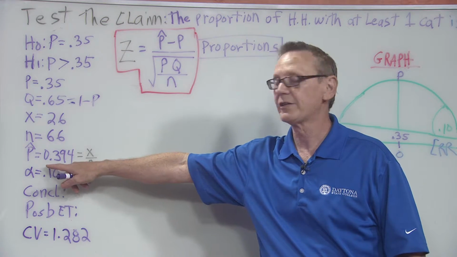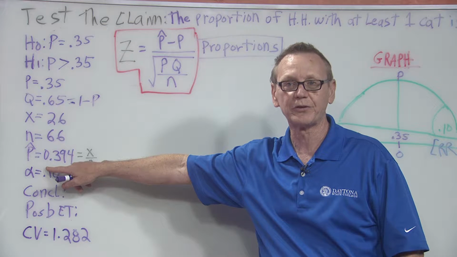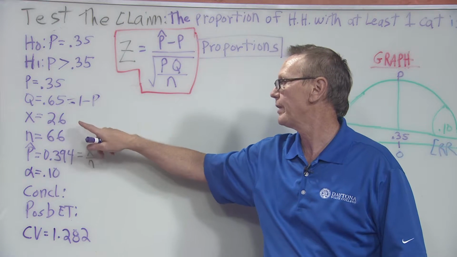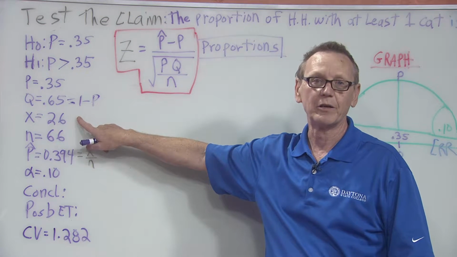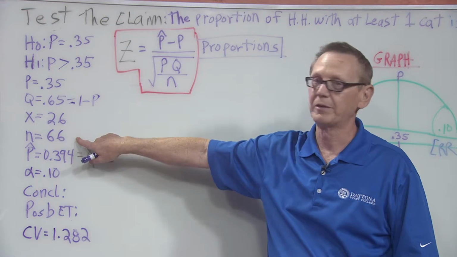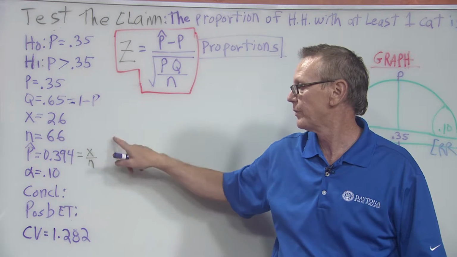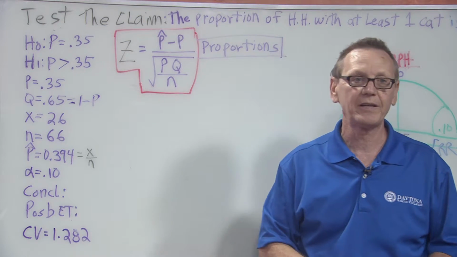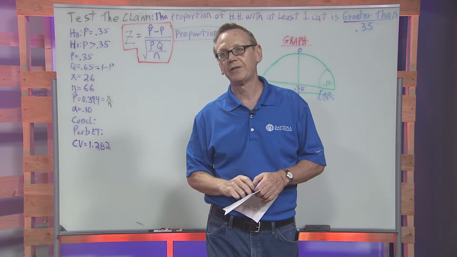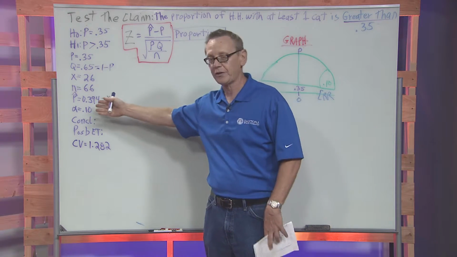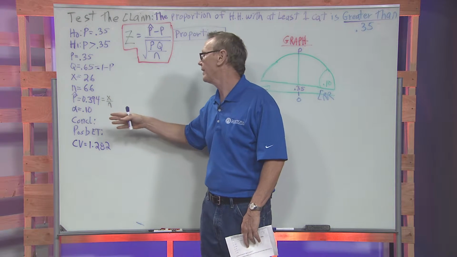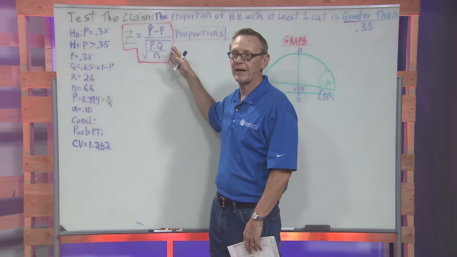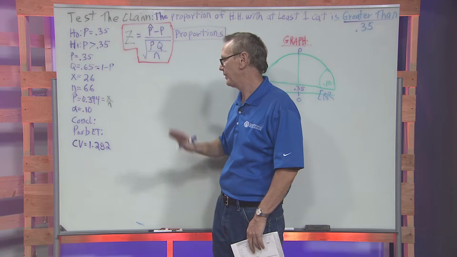We find the proportion of households sampled that have at least one cat by dividing the number that had a cat by the number of households surveyed, X over N. That is P-cap. Now, if you're doing a confidence interval, then you need Q-cap, 1 minus P-cap. We don't need Q-cap for this formula, so we're not finding it.